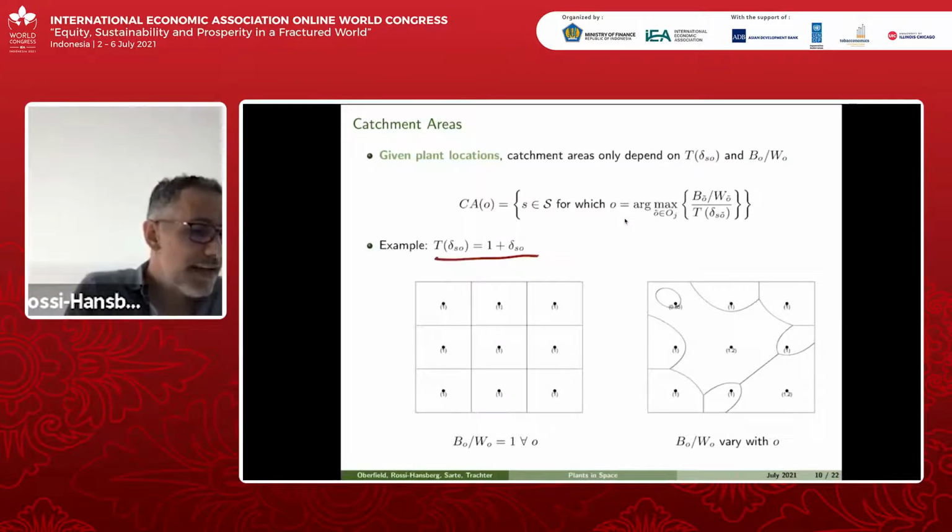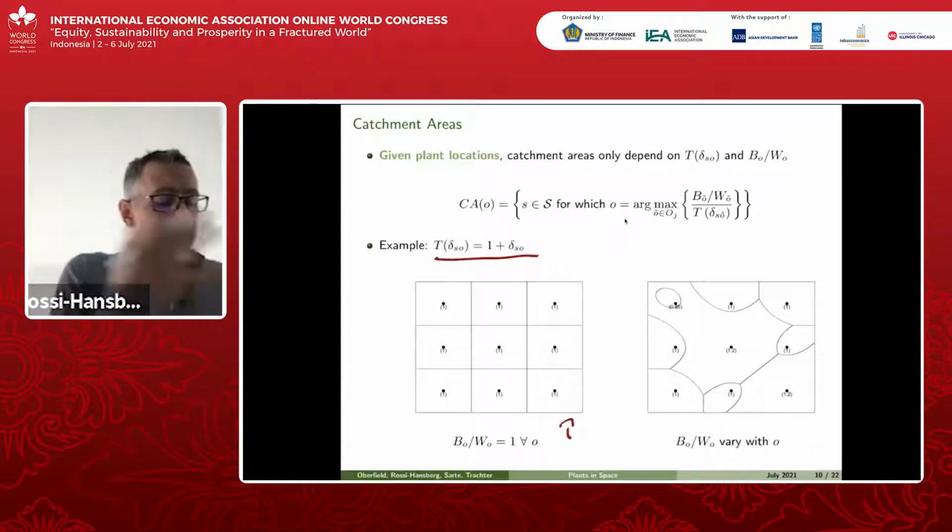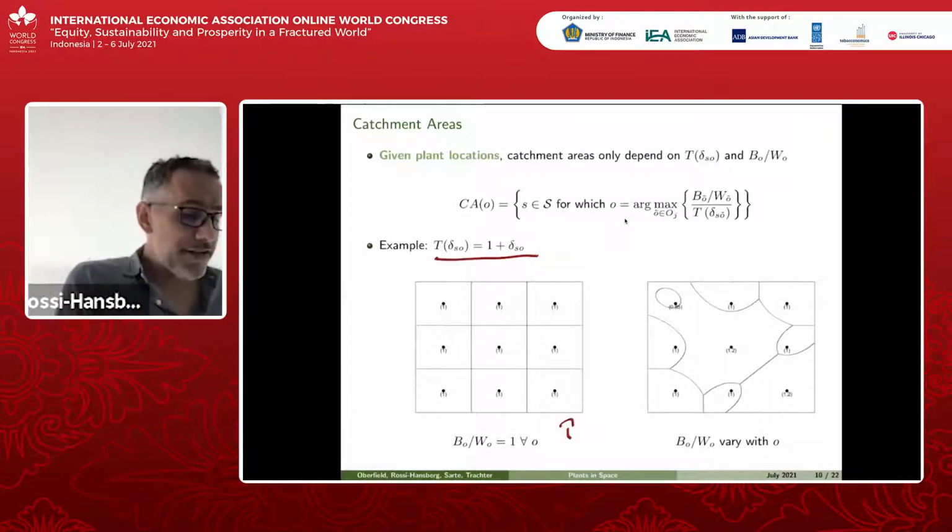If you have that in the unit square and all your plans have exactly the same productivity, in this case 1, then the catchment areas are very simple. They are just the squares that you see in the graph on the left. Okay, so in that case, these catchment areas are simple.